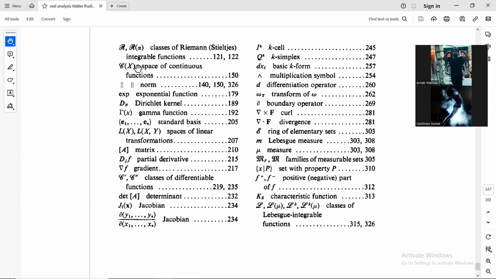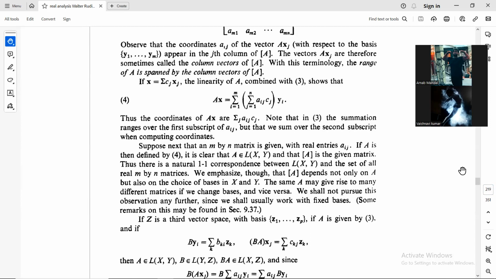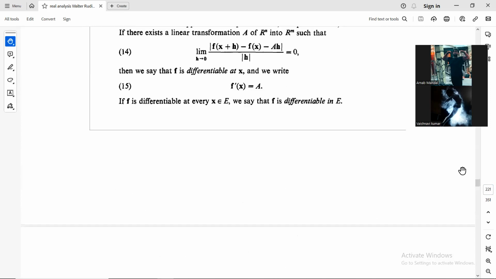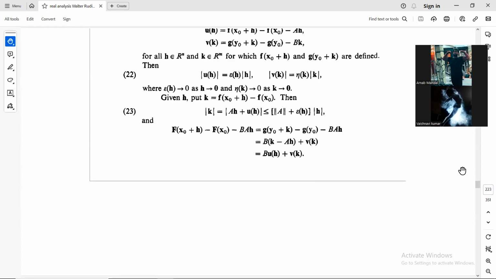So just look for C1. Do you find C1 anywhere? Maybe they don't have that notation. Right, it is here, I think, 219. Let's see what is there. That's a minor thing, but it's good to clear it.